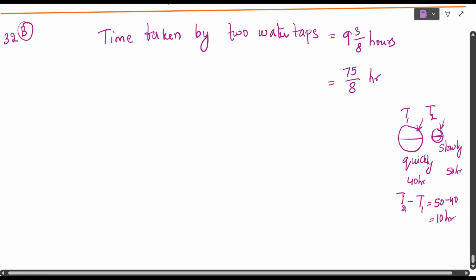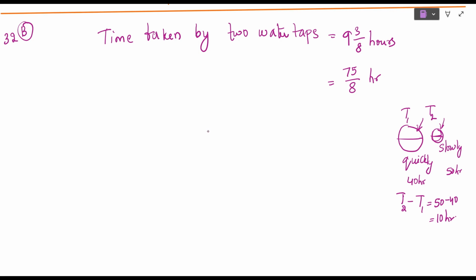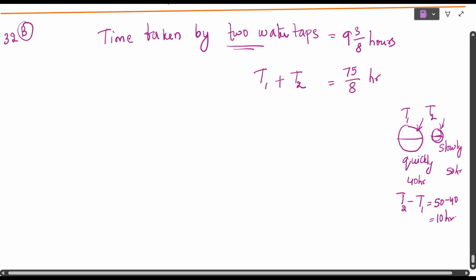Understood, students? So we don't know the time taken for both. And this 75 by 8 hours is nothing but the time taken by two water taps, means this is nothing but T1 plus T2. Understood? So T2 is nothing but smaller diameter.